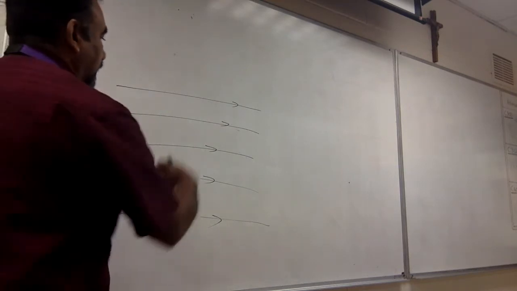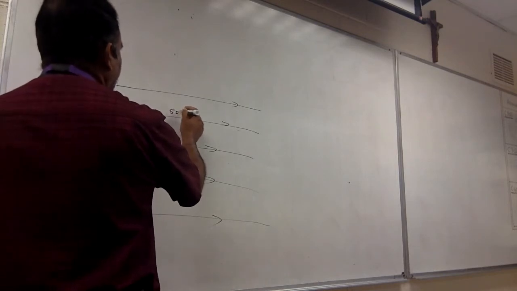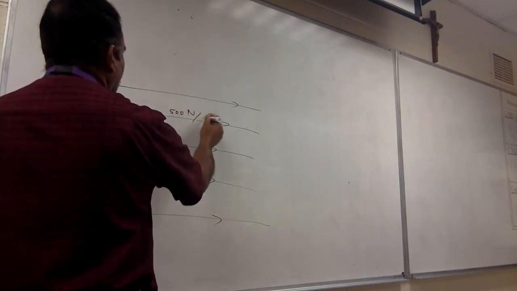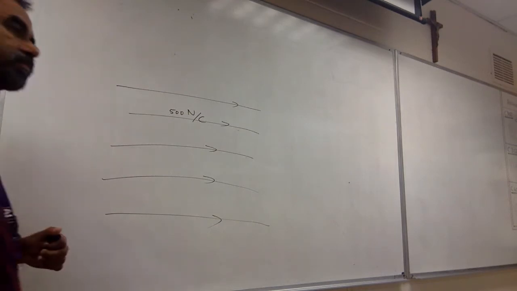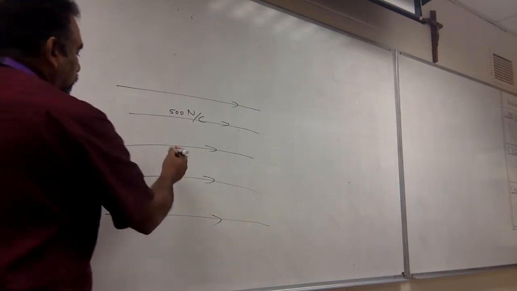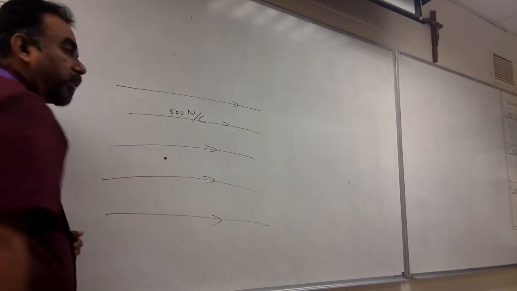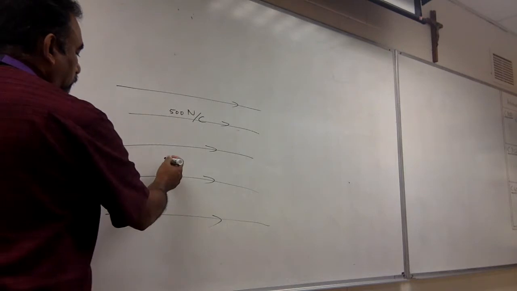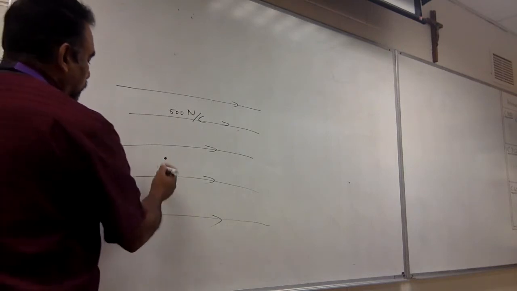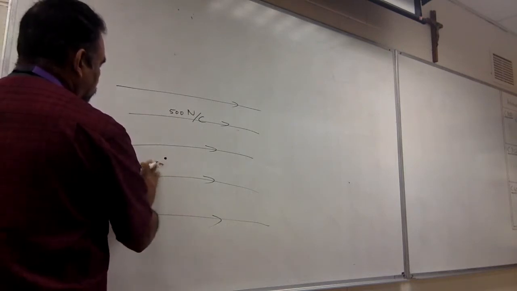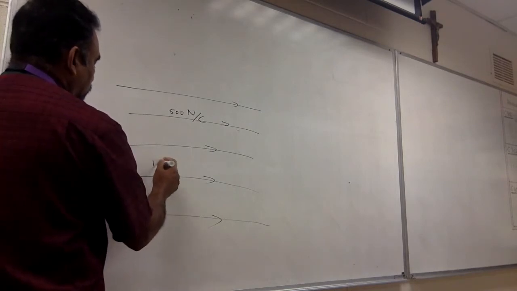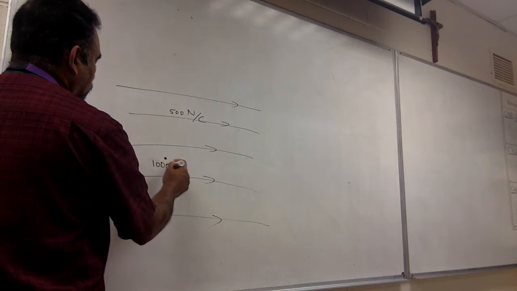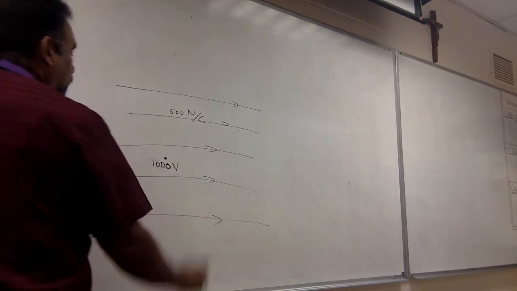This is an electric field of 500 Newton per Coulomb. The electric field is 500 Newton per Coulomb. And the potential at this point is 1000 volts.